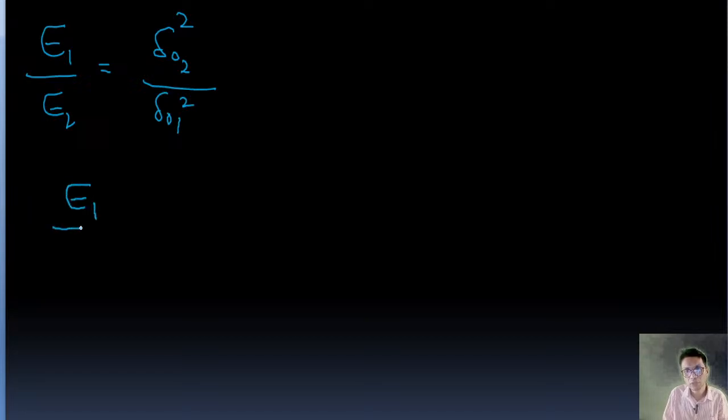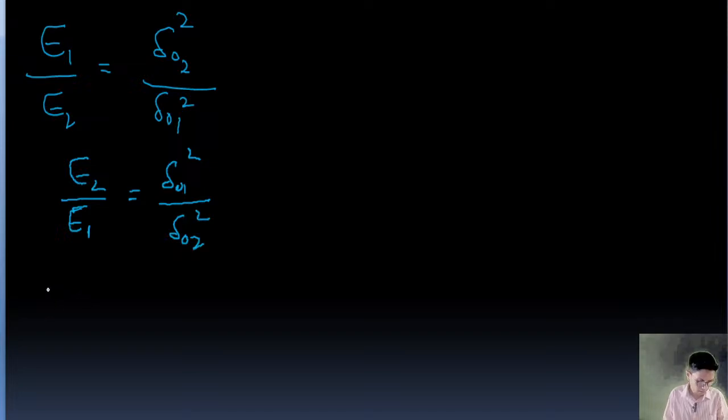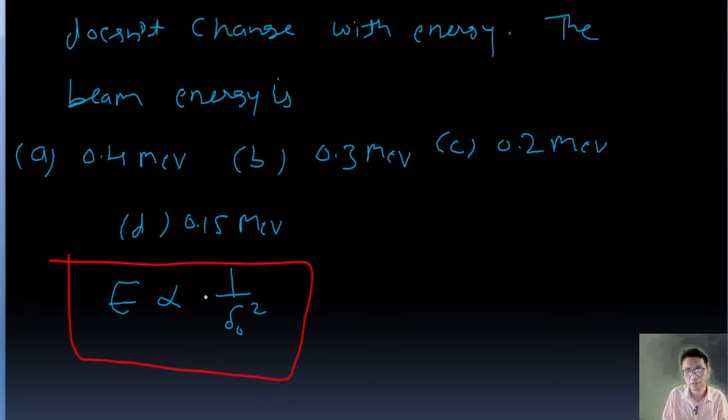Now E2 upon E1 is going to be delta 1 naught square upon delta 2 naught square, right? This is actually sine, guys, my apology. This is sine square delta naught.